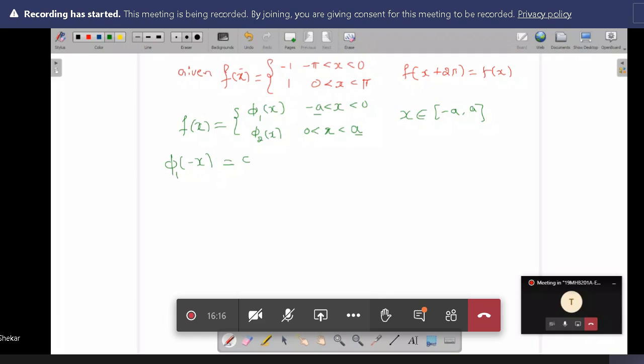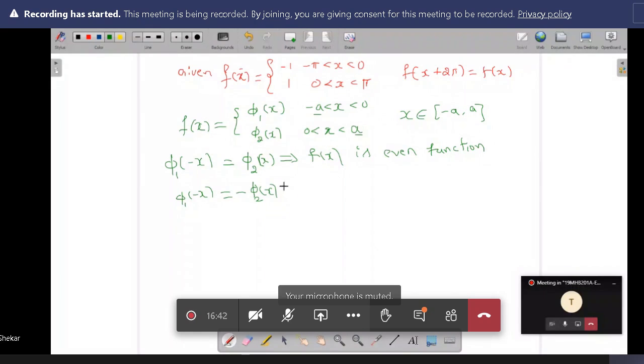If I get positive phi2 of x, then the conclusion is that f of x is even. If phi1 of minus x gives you negative phi2 of x, then the conclusion is f of x is an odd function. This is what we defined in the previous class.